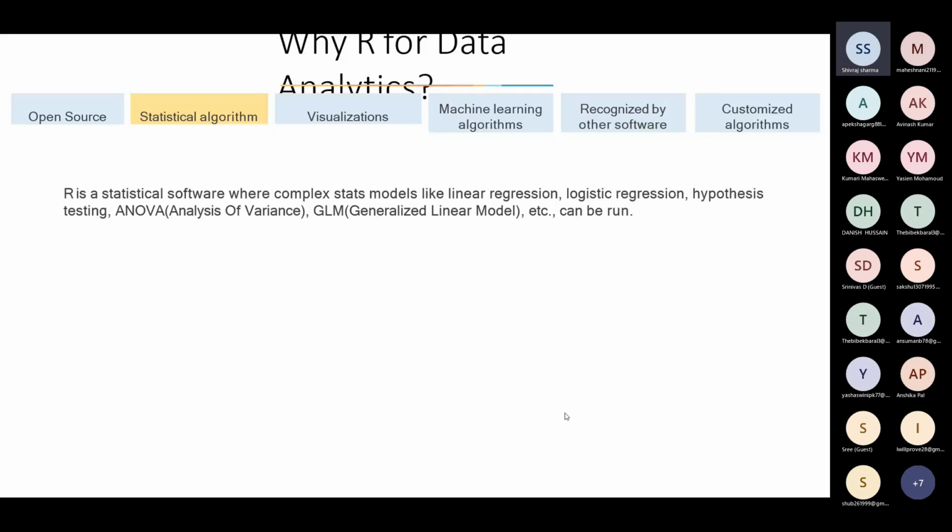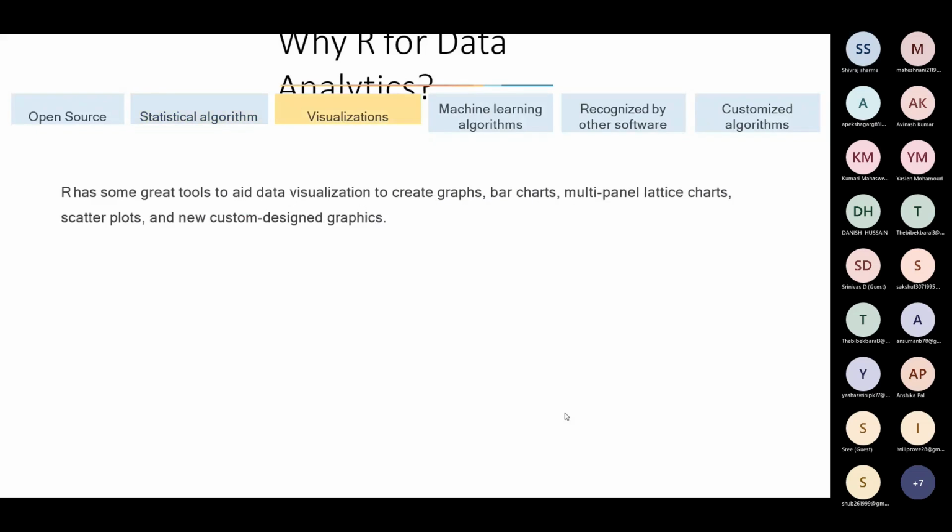The only difference while working with Python and R is big data handling, or the execution time. R can handle data as big as it is, but there is only a difference of execution time between R and Python. Next, R has some very interesting visualization tools that create graphs, bar charts, multi-panel charts, scatter plots.